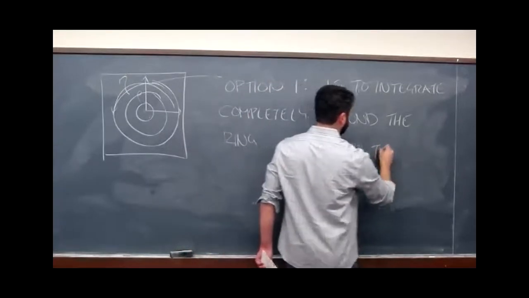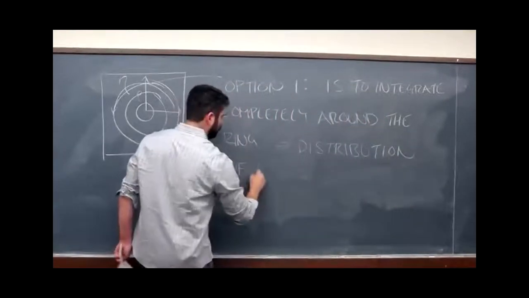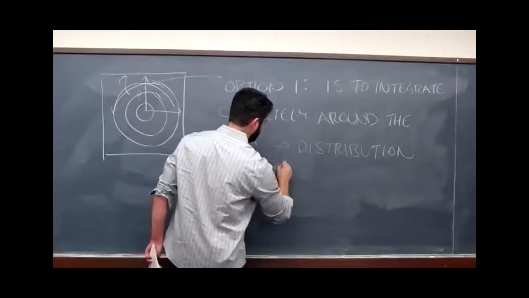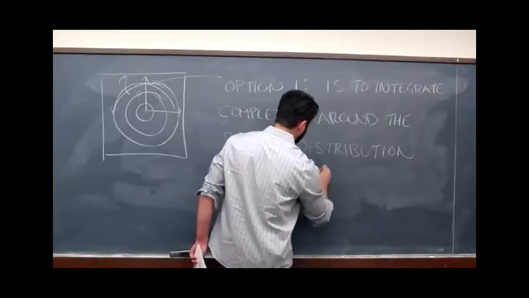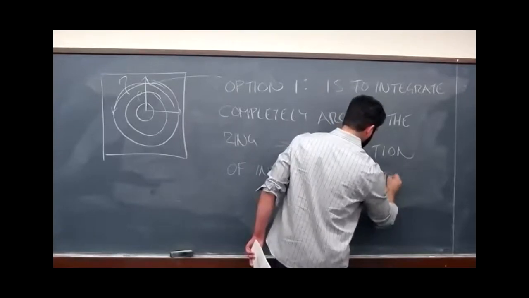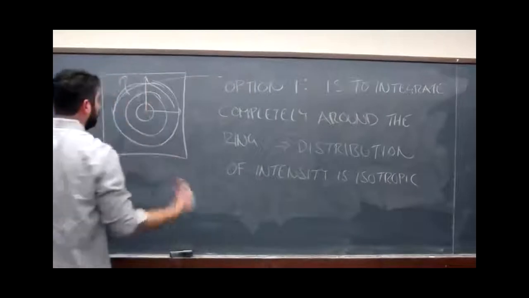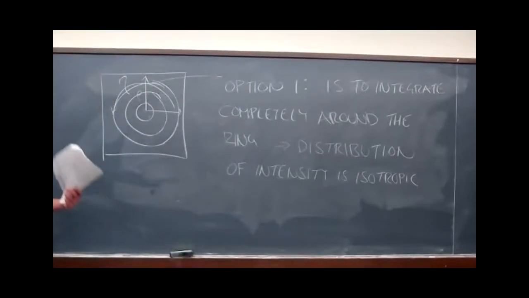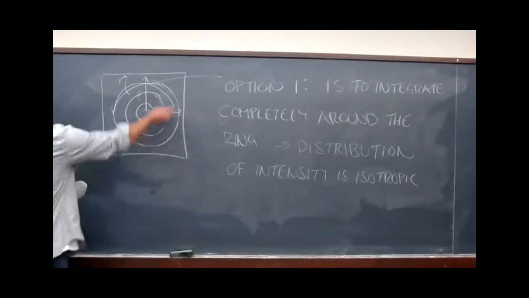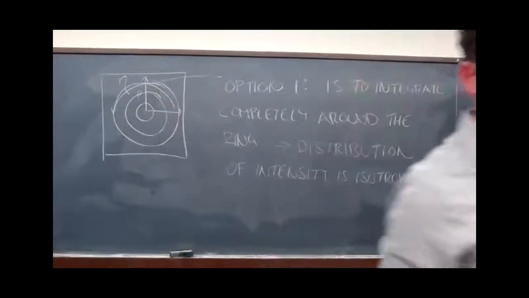Or in other words, if the distribution of intensity is isotropic. So if we know that all crystals are responding the same, or all showing the same behavior, it makes no difference if we integrate all around the ring and look at a large number of fibers.